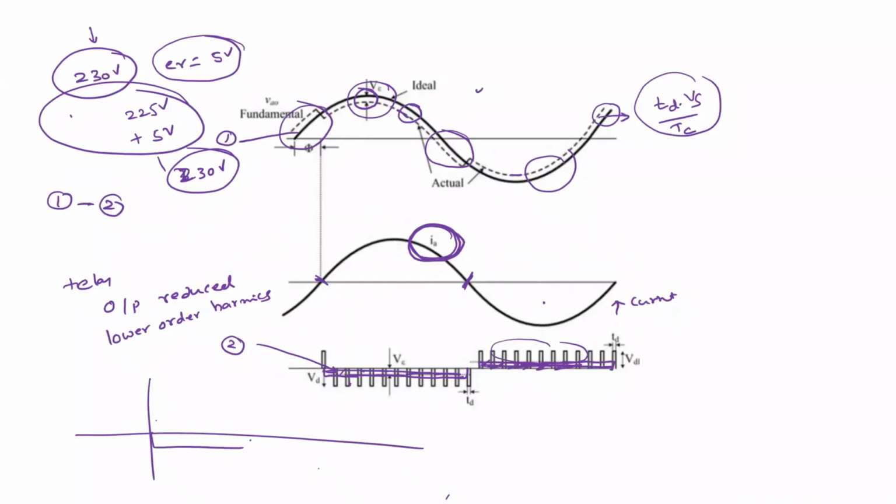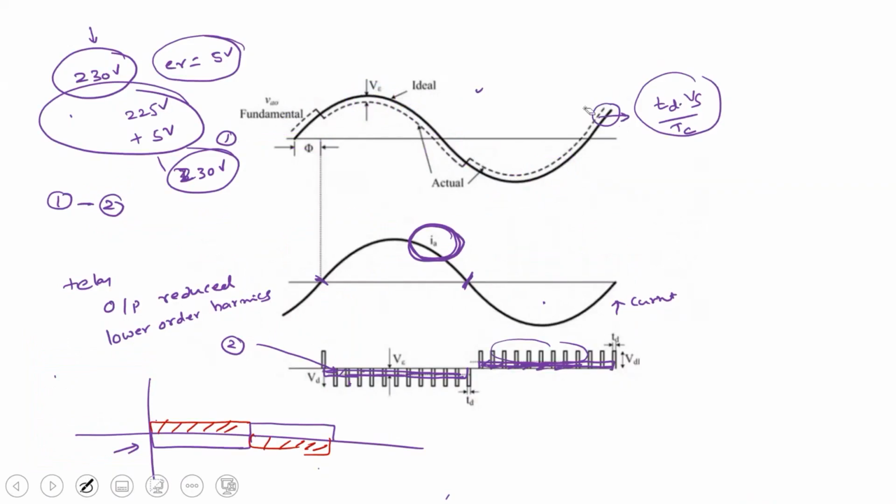This is the original, this is the voltage lost or voltage gain, and the inverse of this will be added to the modulating signal. Now this waveform traces the ideal modulating signal. So this is how we provide the time delay.